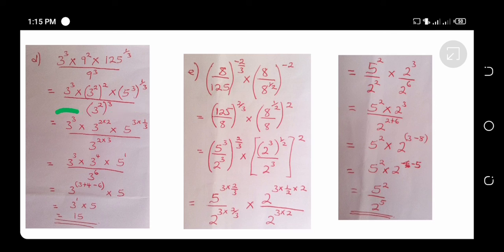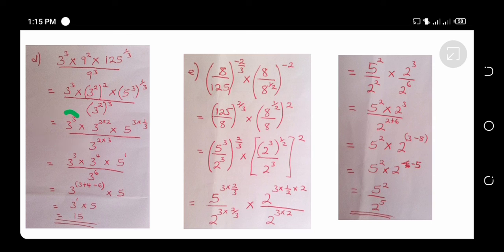We come to the denominator. The denominator is 9, so here we have to write 3 squared. Remember we are supposed to still use the laws of indices. So after that, you simplify the powers.